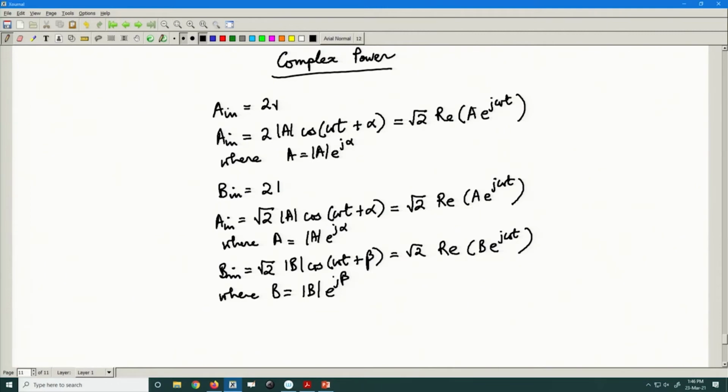Now, let us multiply these two quantities, because ultimately the power is the multiplication of voltage into current.